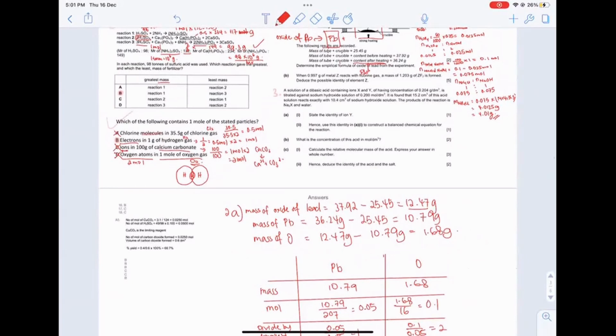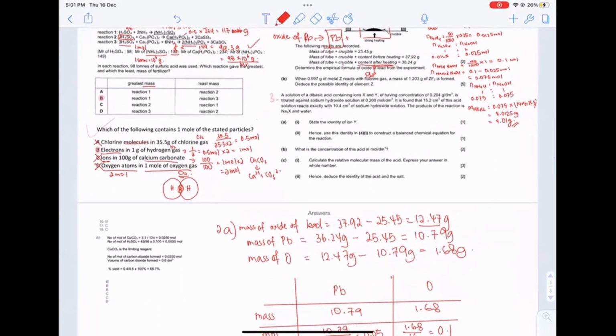When 0.997 gram of metal Z reacts with fluorine gas, a mass of 1.203 gram of ZF2 is formed. Deduce the possible identity of element Z. So for this one, you have to first give the equation.